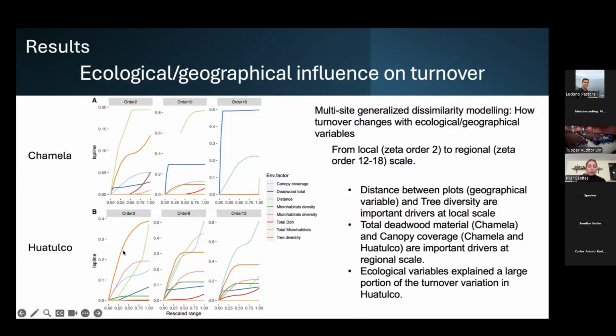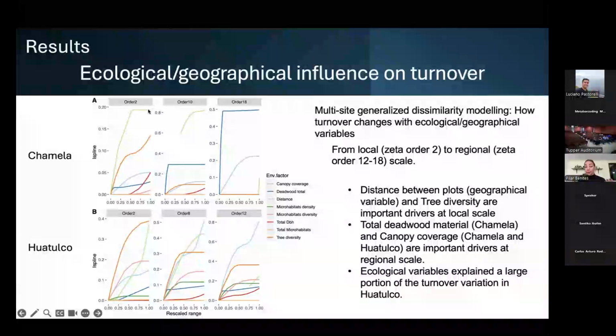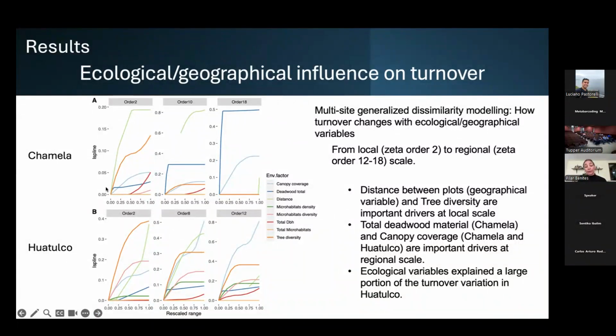We model the variables through I-splines, and what we should look at is that the higher the slope of the variable, the higher the influence on species turnover.